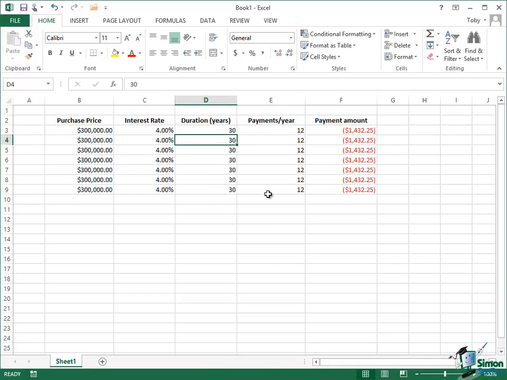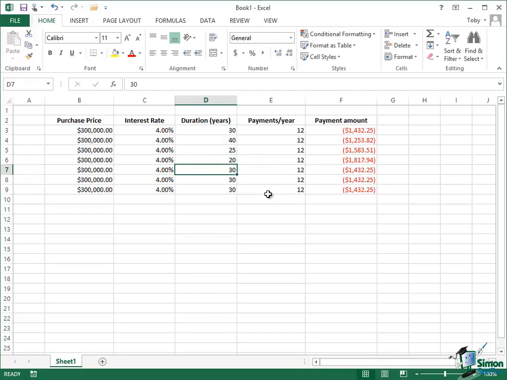So I've got 30 there. What would the payment be with, say, 40 years? I might not be able to get a loan for 40 years, but what effect would 40 years have? So 10 more years, what difference would that make to my monthly payments? Well, it would knock them down by about $180 per month. What about 25 years? They're up to 1583.